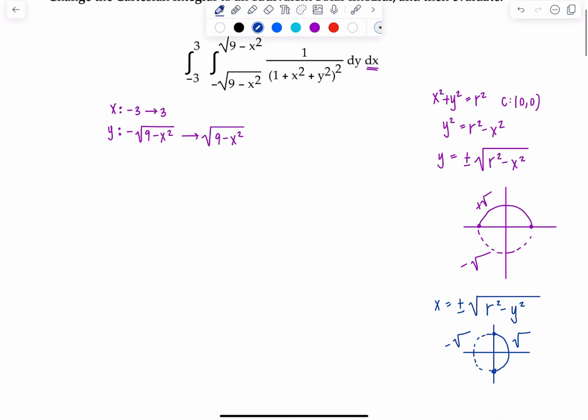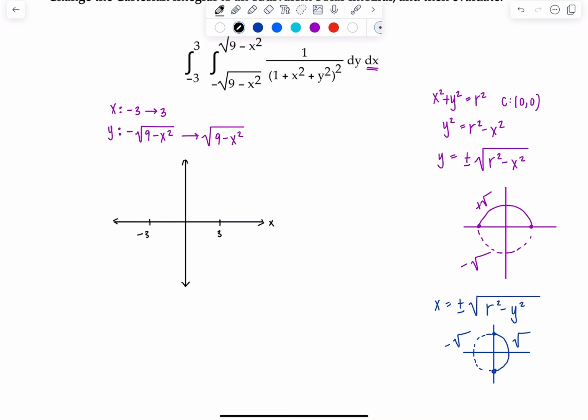All right, so I'm going to graph the integration region in the xy plane. I'm not graphing a 3D graph at the moment. No. I'm just graphing in the xy plane what these limits of integration are bounding, what the region is. So x is going from -3 to 3.